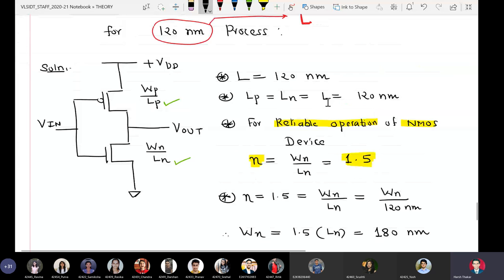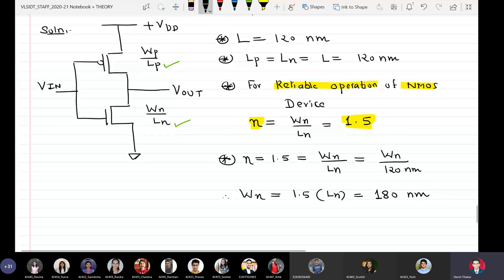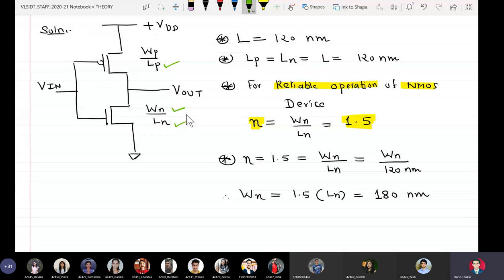So using the fact that the size of NMOS for a reliable operation is 1.5, we have ended up with the value of Wn also. So out of 4 parameters, Wp, Lp, Wn, Ln, Lp and Ln are already given in the numerical. Using N equal to 1.5, we are able to find the value of Wn.